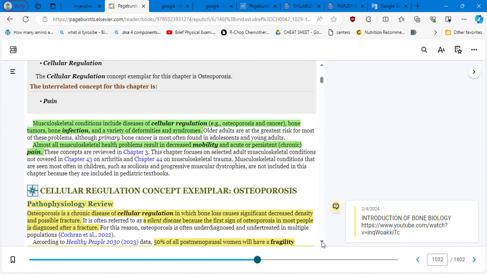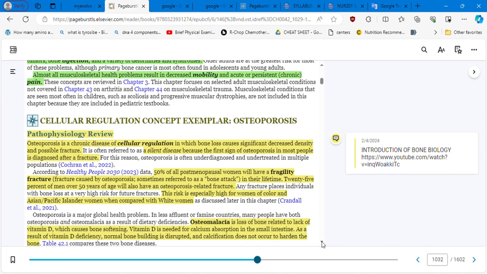We are talking about the participation of osteoblasts, osteoclasts, and other factors that are going to promote this regulation, like calcitonin, PTH, estrogen, the participation of calcium, vitamin C, vitamin D. So those are going to be interrelated to cover cellular regulation.